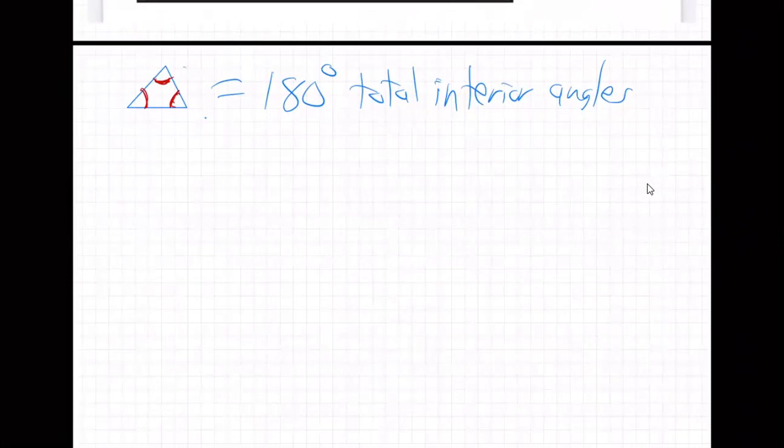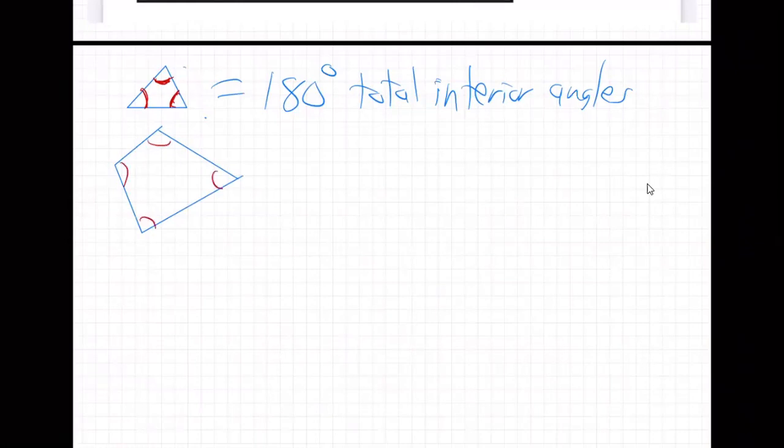So then what if you have a four-sided shape? Any old four-sided shape. What do the four interior angles add up to be?